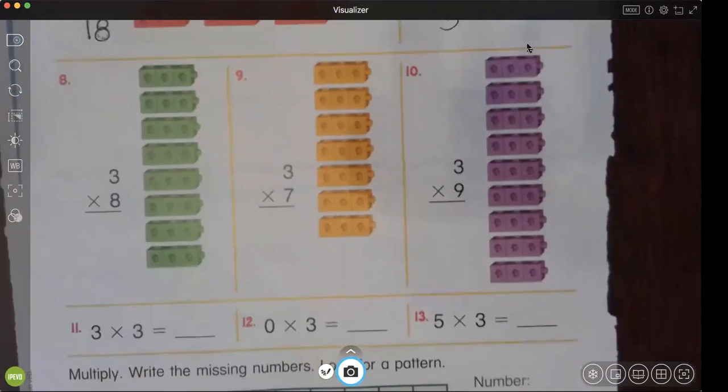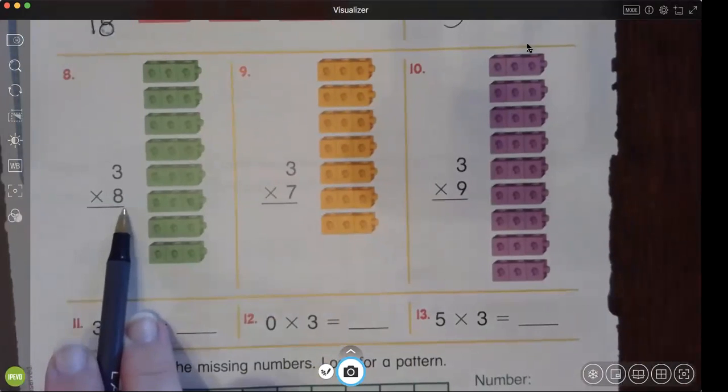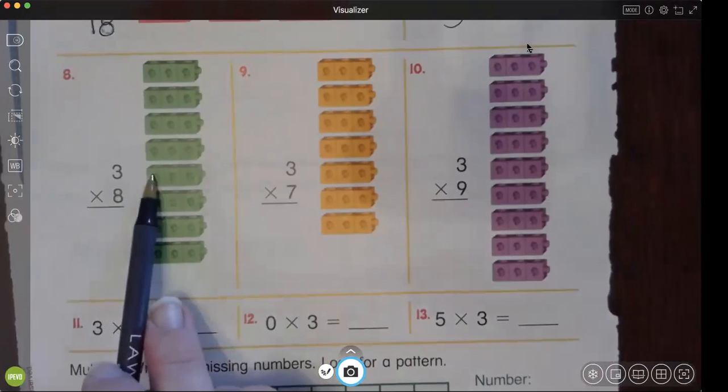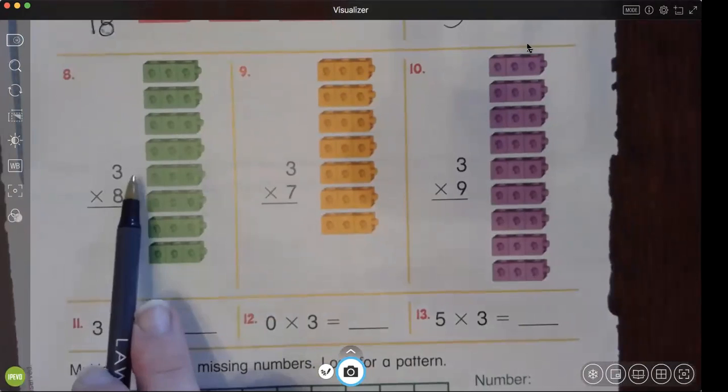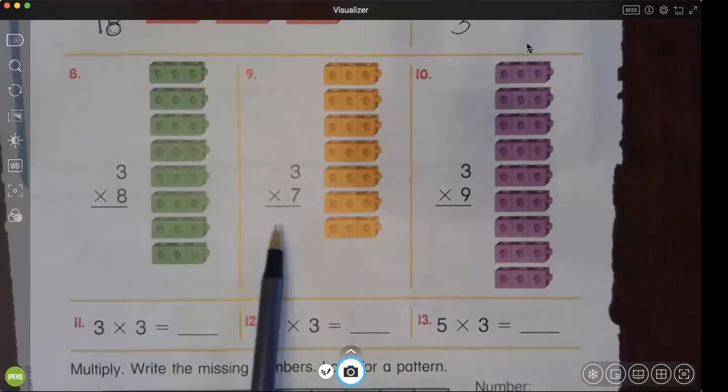Now we have 8 times 3. So we have to either do 8 plus 8 plus 8, or 3 plus 3 plus 3 plus 3 plus 3 plus 3 plus 3 plus 3. Okay? So now would be a good time for you to pause the video. Try 8, 9, 10, 11, 12, and 13, okay?